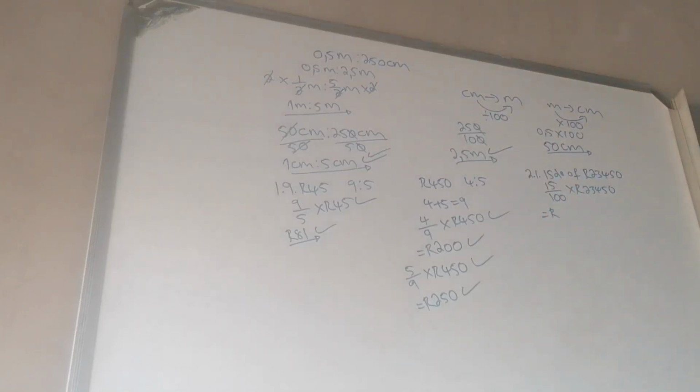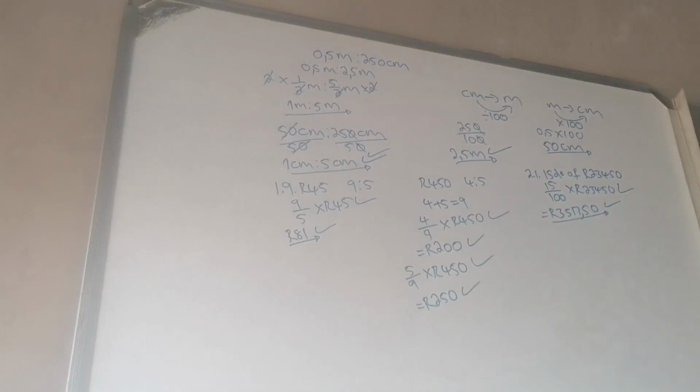We multiply that by 23,450, and you get 3,517.50.